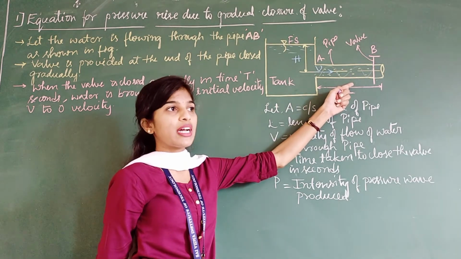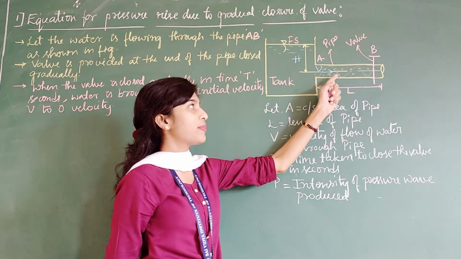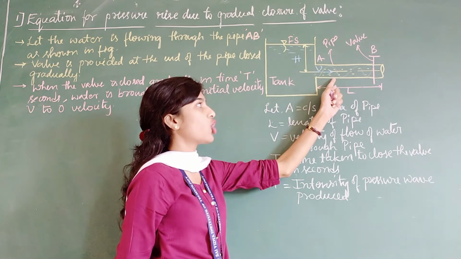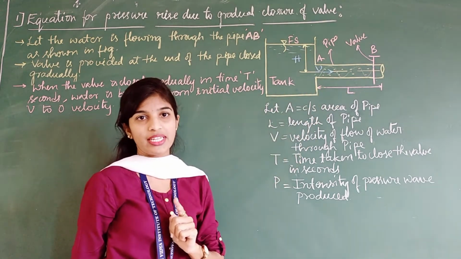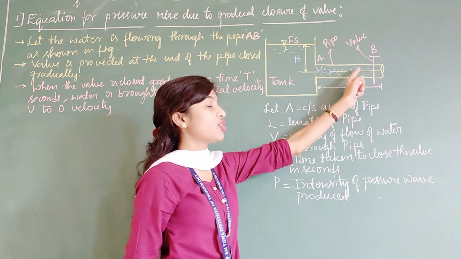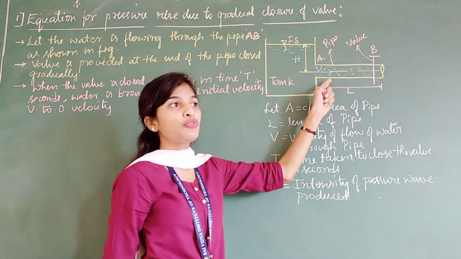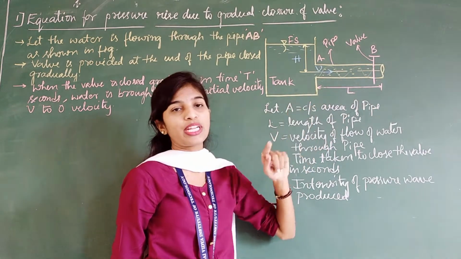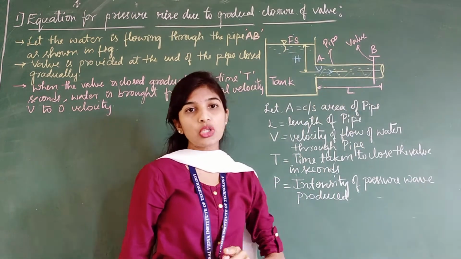Due to that effect, the intensity of the high pressure wave will have a hammering effect on the pipe wall. That is called the water hammer effect, and the velocity of that pressure wave will be more than the sound wave. We are going to find out the intensity of pressure produced when the valve has been closed.